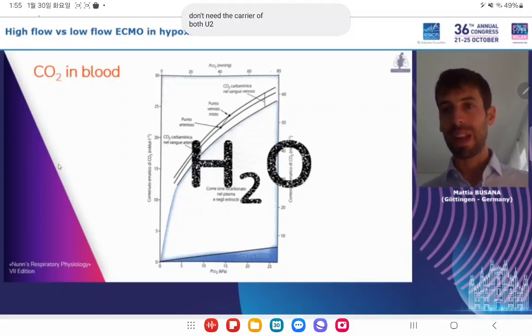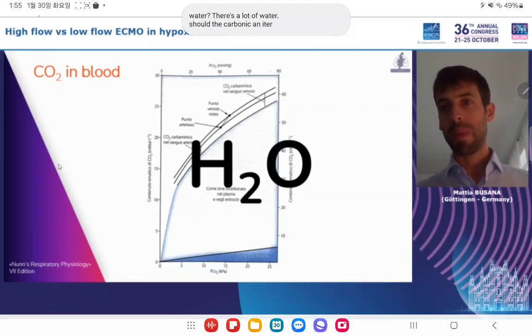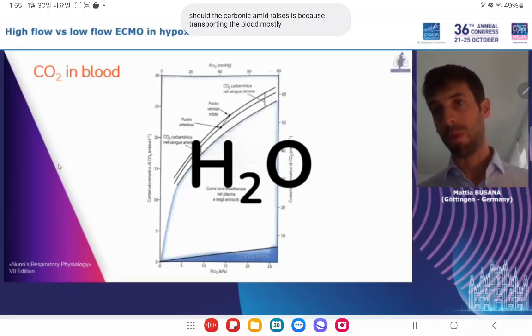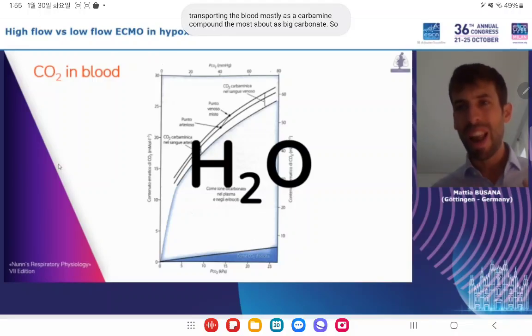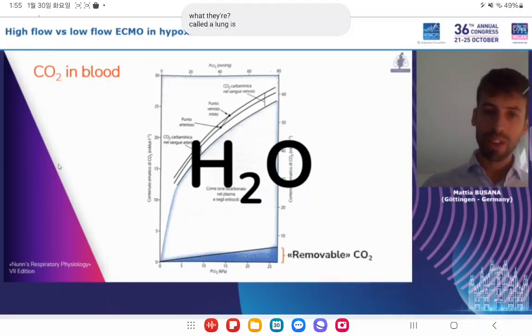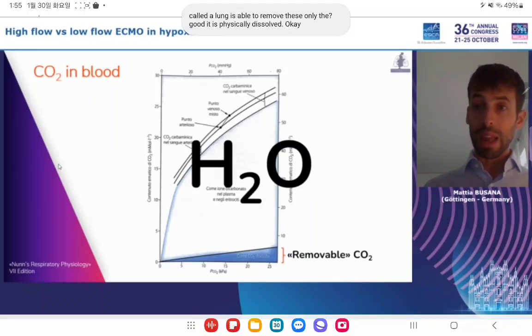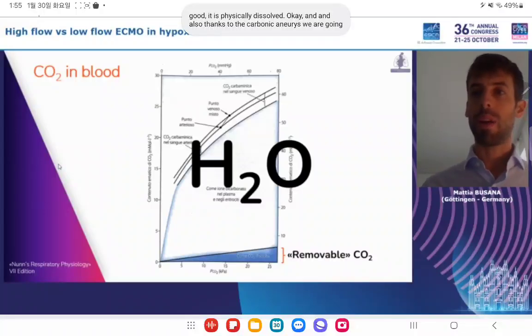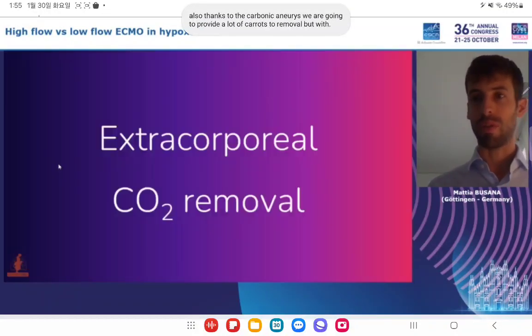But in the blood there is a lot of water, and CO2, also thanks to the carbonic anhydrases, is transported in the blood mostly as a carbaminic compound and mostly as bicarbonate. So what our extracorporeal lung is able to remove is only the CO2 that is physically dissolved. Also thanks to the carbonic anhydrase, we are going to provide a lot of CO2 removal, but with a little amount of CO2 that is dissolved in the blood.